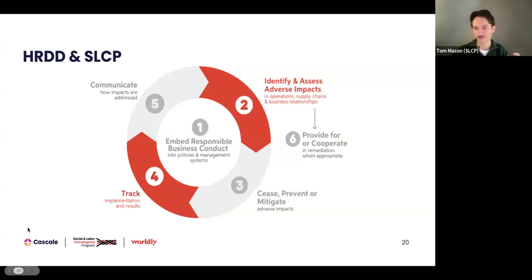So what companies will need to do is identify the risks, and one way of doing this is using the CAF. So you can find legal compliances within a CAF assessment, and that can be used to help understand, okay, where are we going to undertake measures to cease, prevent, and mitigate adverse impacts.